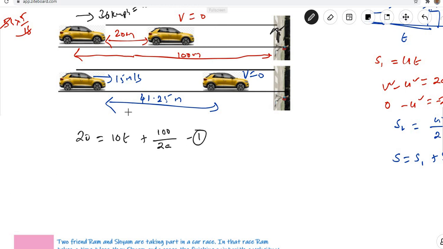In both the cases, retardation is the same. Now in the second case, what is the distance he took to stop the vehicle? 41.25. So 41.25 is equal to, again the velocity is 15t plus, u square is 225 by 2a. This is the second equation. Now we need to solve both the equations to get the value of t.